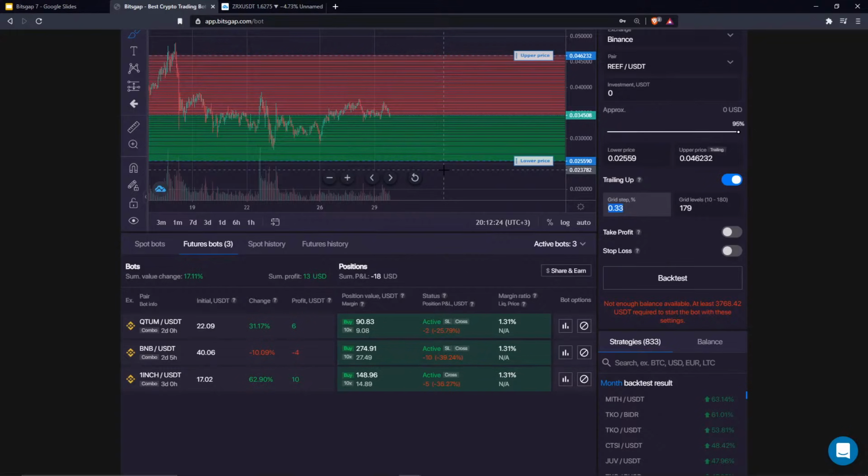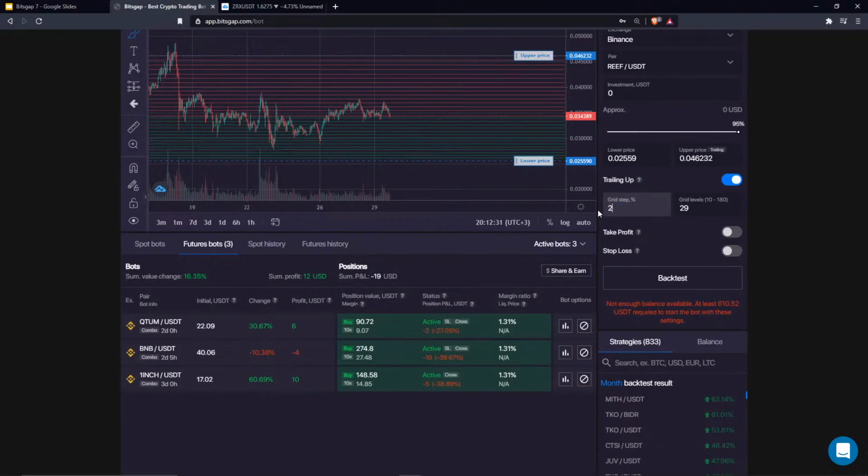Because if the coin of your choice is highly volatile, then you can generate decent returns with a grid step of 2%.